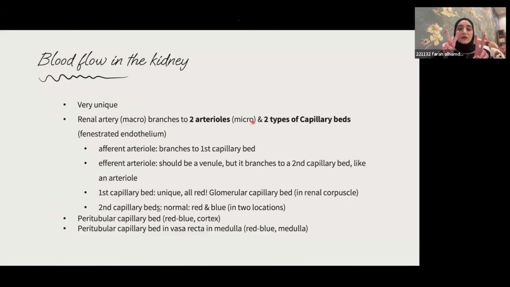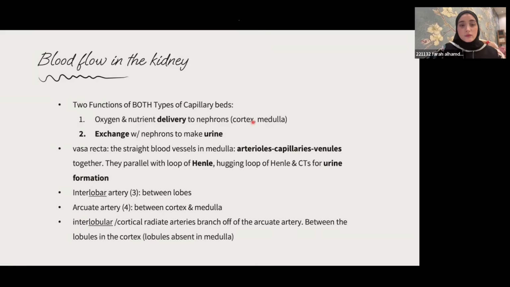So blood flow in the kidney, as I mentioned, is very unique because we have two types of capillary beds: the red to red and the red to blue. There are two functions of these capillary beds. Oxygen and nutrient delivery to the nephrons is the function of the second, normal capillary bed.